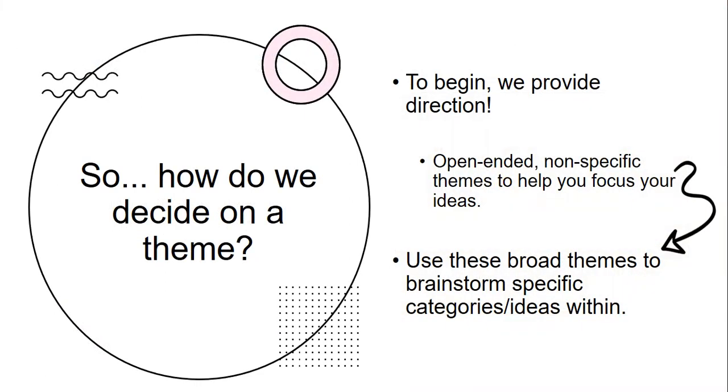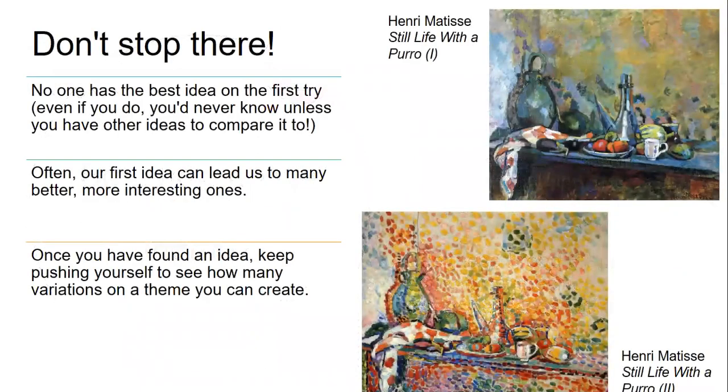We try to keep them very, very broad at the beginning, okay? So one theme, for example, is self-reflective. That's a very, very broad theme, but then we're going to help give breakdowns of how you could focus on something that is very special to just you and nobody else, okay? So it helps to narrow down your thoughts, all right?